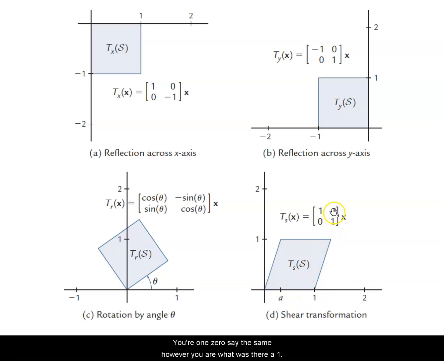However, what was 0, 1 now turns into going over A in the x direction and up 1, and that's where that vector terminates. So you go from here to now being here, and that's the corner of your parallelogram. So then you just draw your other sides of the parallelogram to get your transformation of the unit square.